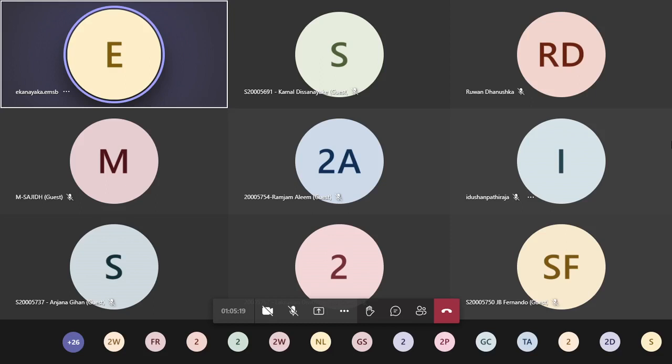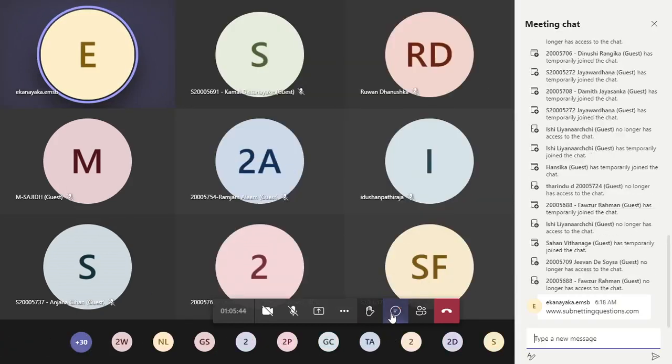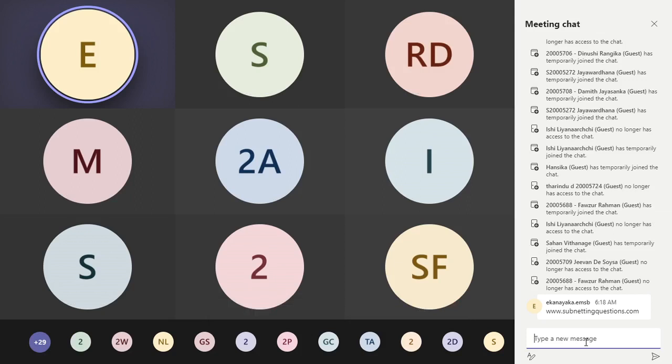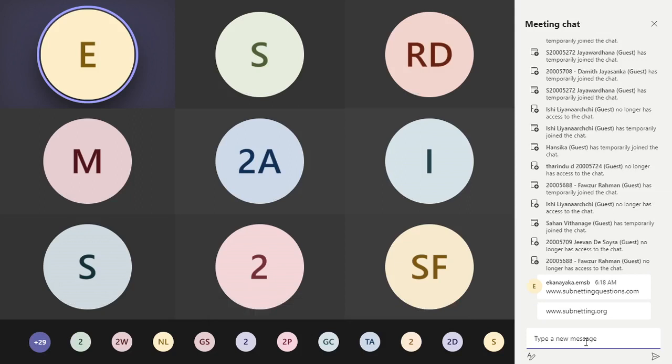Please go to these sites, www.netting... Please Google these sites, right? And the other site is www.subnetting.org. Very good sites to practice subnetting.